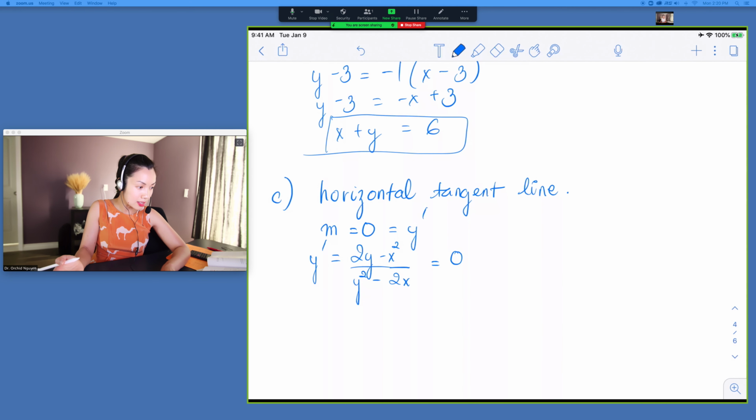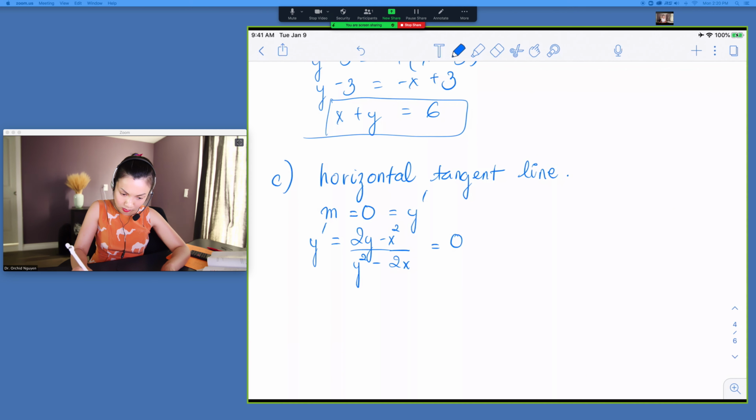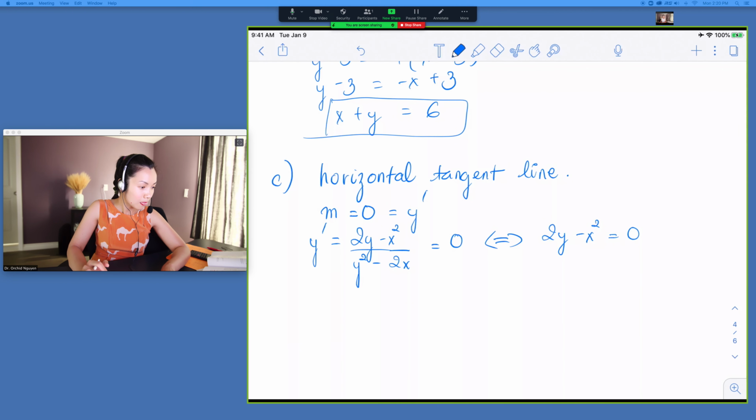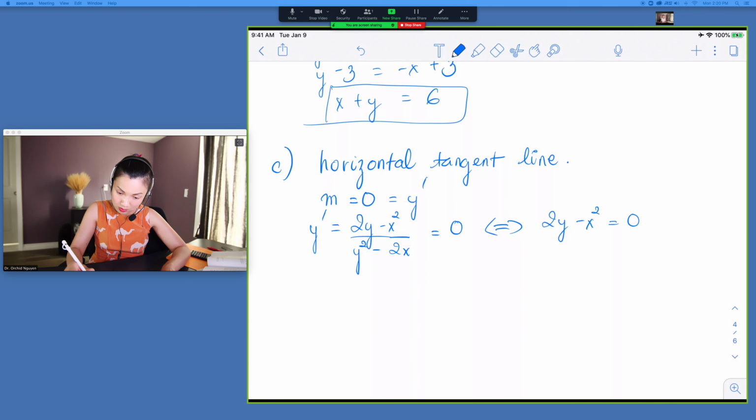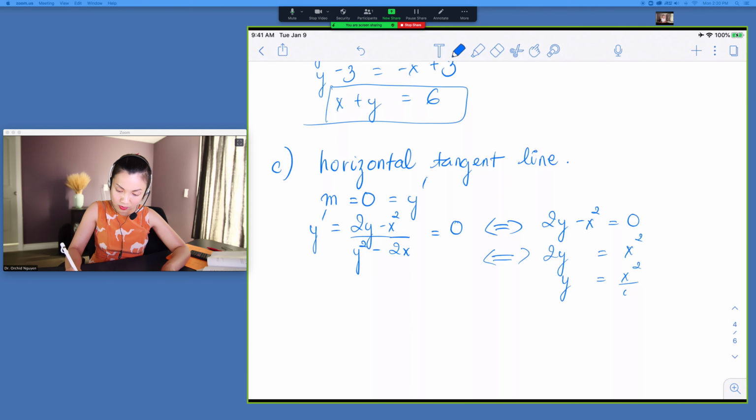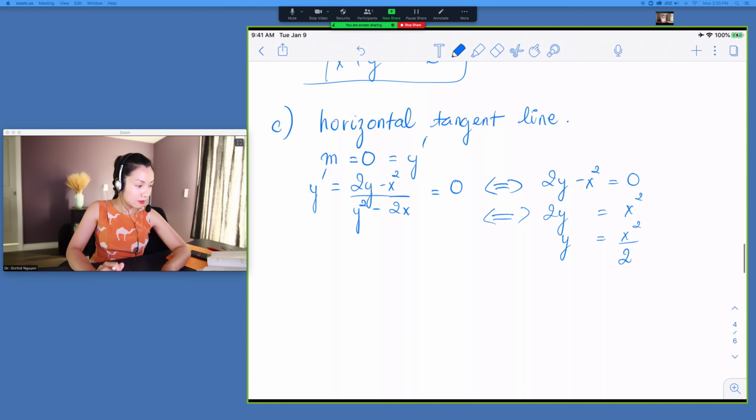So when do we get this equal to 0? When the numerator equals 0. So that implies the numerator equals 0. Okay, so now what we do is we're gonna substitute back in. So first I need to solve for y. 2y equals x squared, y equals x squared over 2. Now I'm going to have to substitute that y into the equation of the curve.